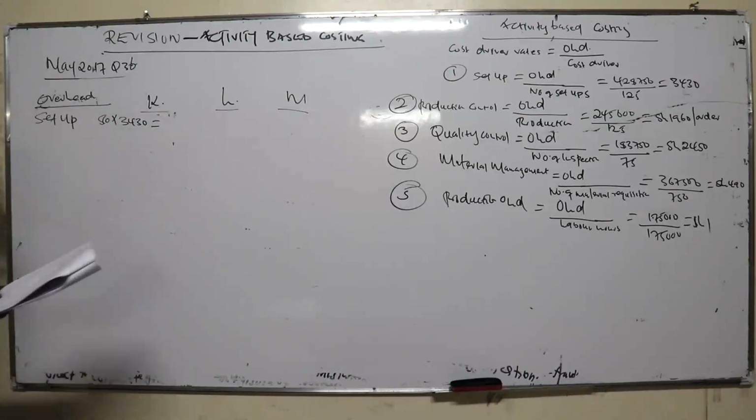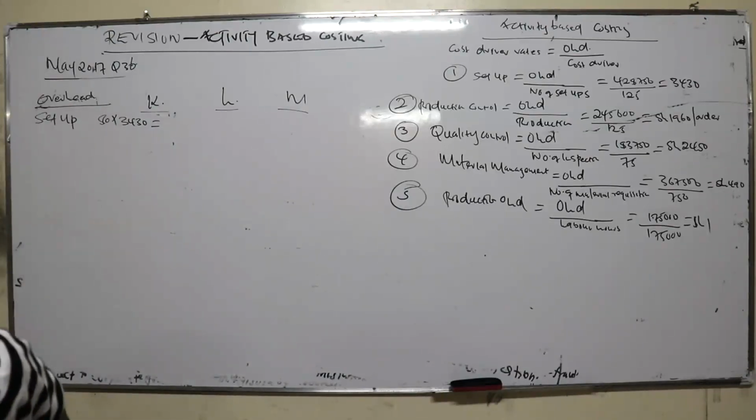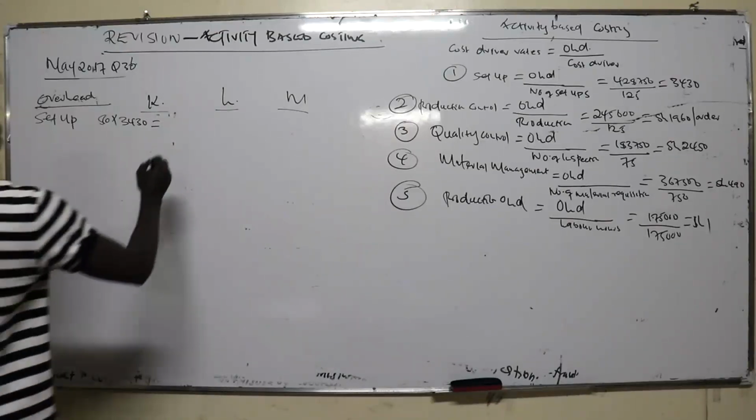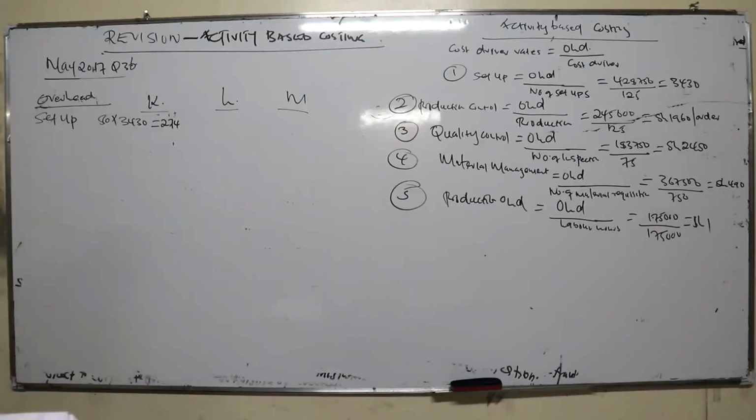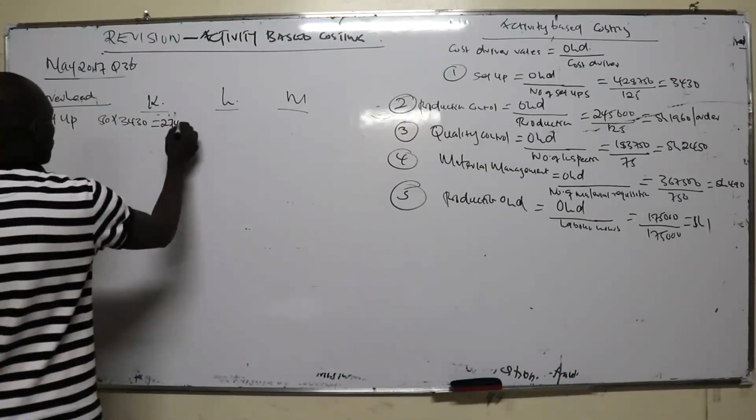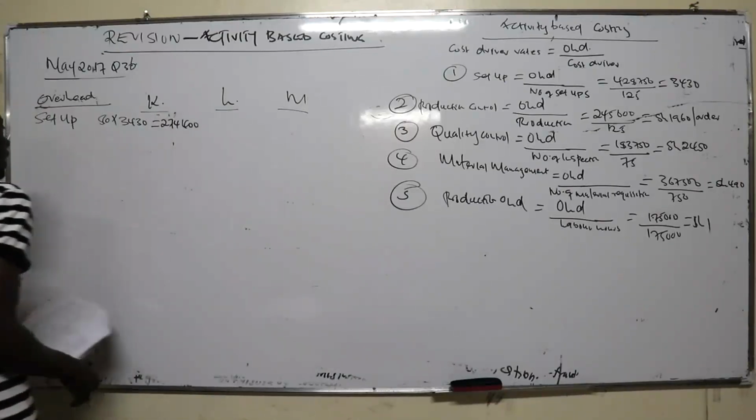So 80 times 3430 is going to give you 274,400. This is the total overhead for setup for product K.